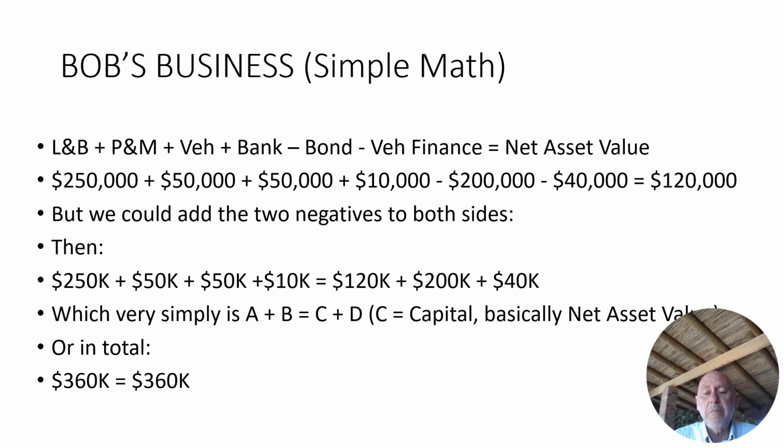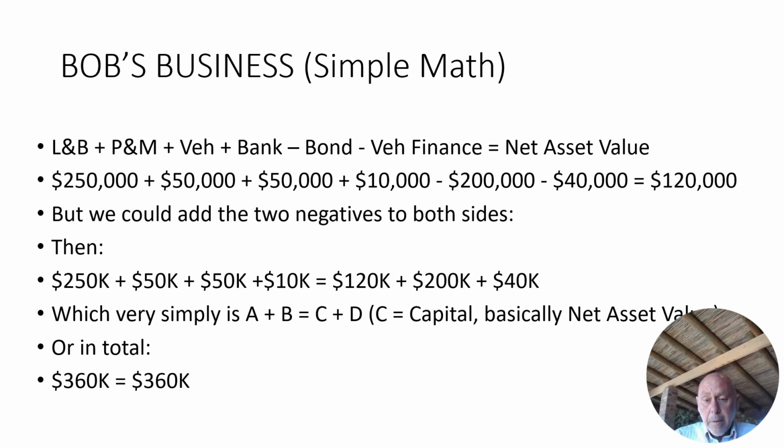I've given you exactly the same formula as we spoke about earlier to work out his personal net asset value. I've just thrown in the numbers there: $250,000 plus $50,000 for the plant and machinery, $50,000 for the vehicle, $10,000 for the bank, minus that $200,000 bond, minus the $40,000 vehicle finance, leaves that same value, $120,000.